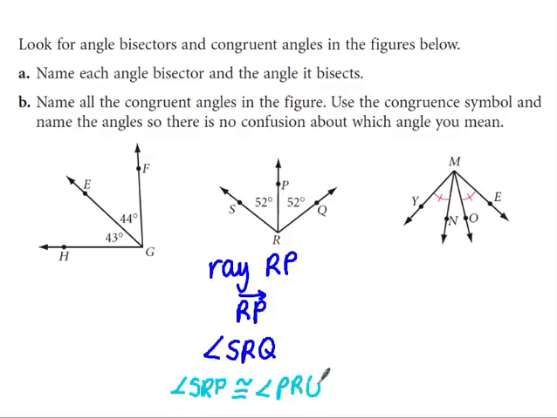That's all you do. That's what it means when it says use the congruent symbol. You just have to write this statement. What about here? Do I have two congruent angles? Yes. There you go, and that's what you would need to write. Pretty straightforward.